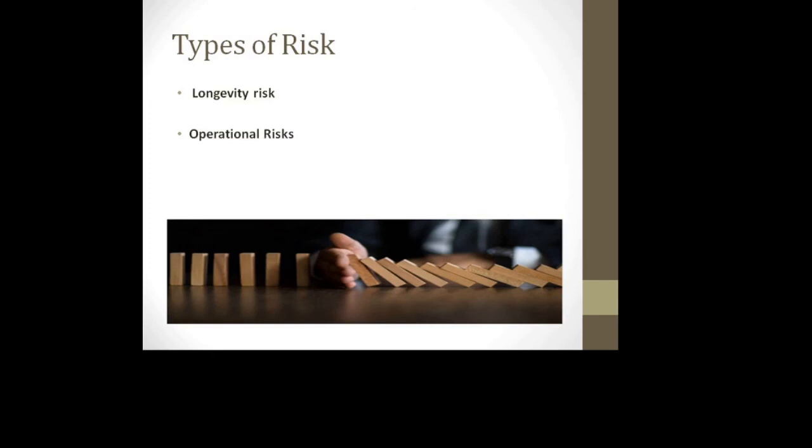Internal factors mean internal failures, a strike in a factory, or the corruption of the employees of an organization. This will also result in operational risk. Other than this, external factors such as changes in government policies and the external environment will also cause it.